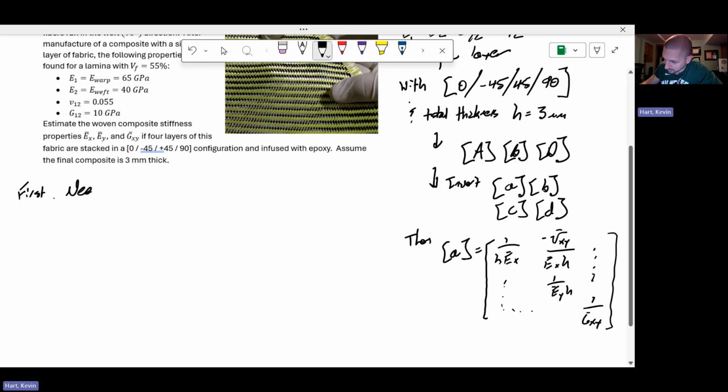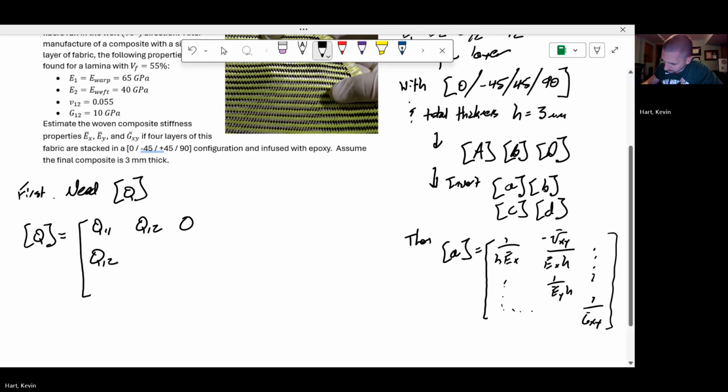we need the Q matrix. So we can calculate Q. This is generally the setup.